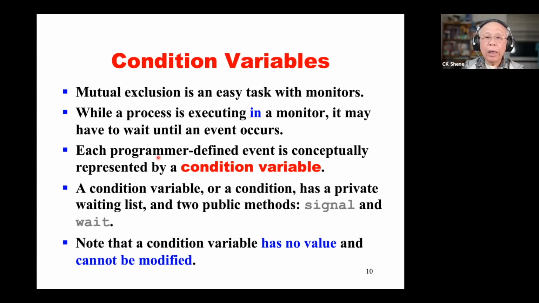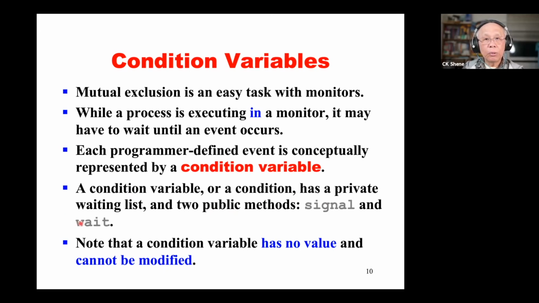So a programmer can define events. Each event is conceptually represented by a condition variable. A condition variable, or sometimes we just call it a condition, has a private waiting list or a waiting set, and two public methods, signal and wait.